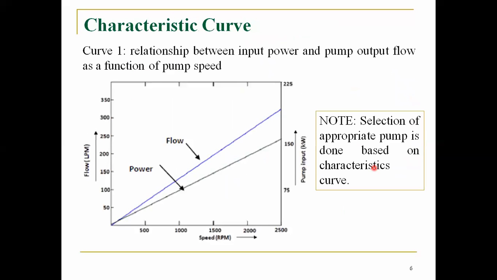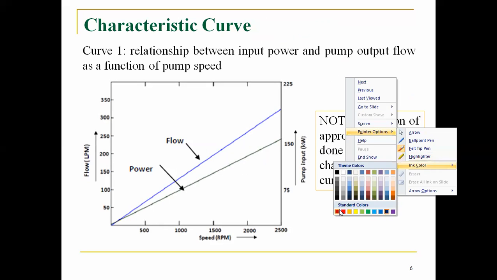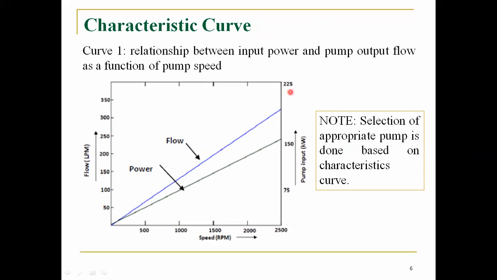So next we will come to the characteristics curve. In the characteristics curve, first we will study the pump input power and pump output flow with respect to the speed.